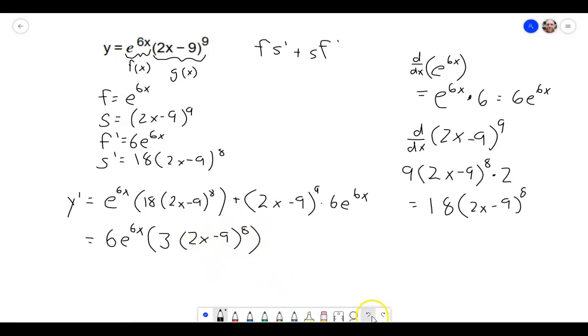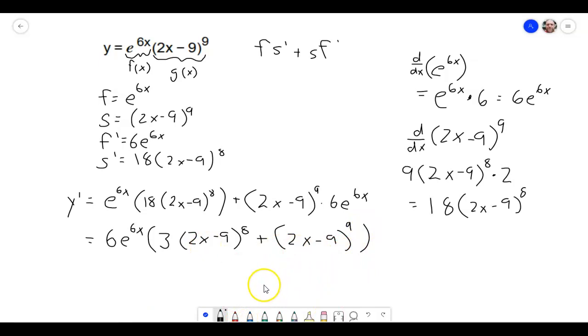And then plus, and we factored this entire thing out, so that's just going to be 2x minus 9 raised to the 9th power. And that's probably all I can really do with that at this time. Make sure I put that parenthesis in there to close it up.